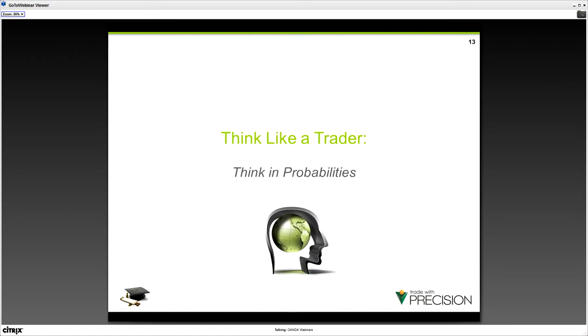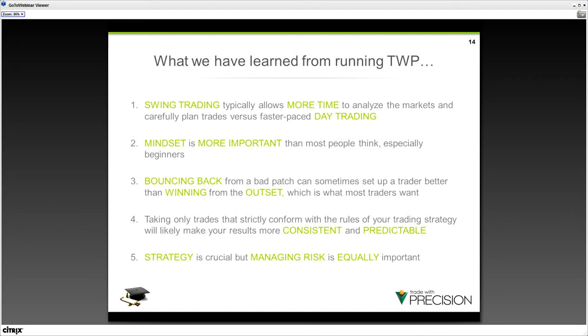So let's start off here by understanding a basic concept like thinking in probabilities. In order to be a better trader, you really have to begin to think like a trader, right? Here are a few concepts that we've learned from being in this business for a while. With regard to learning a new trading strategy, swing trading will typically allow a lot more time to analyze the strategy setup and plan out your trade versus the faster-paced day trading routine.